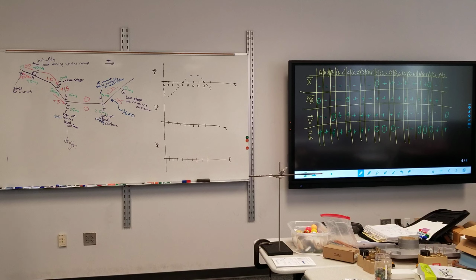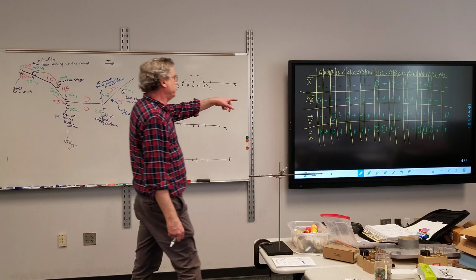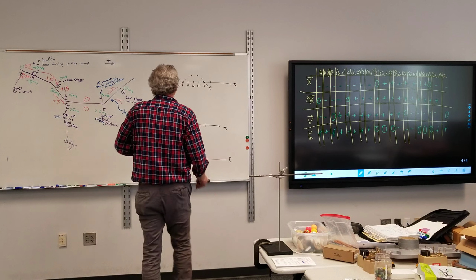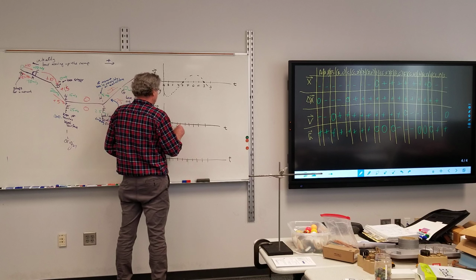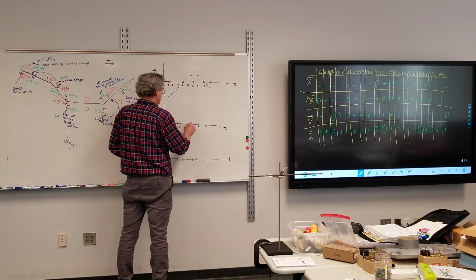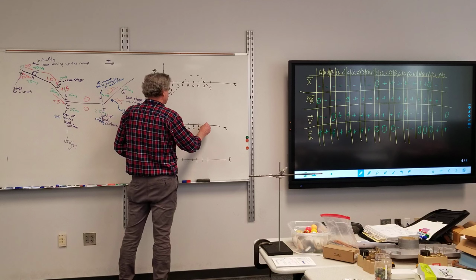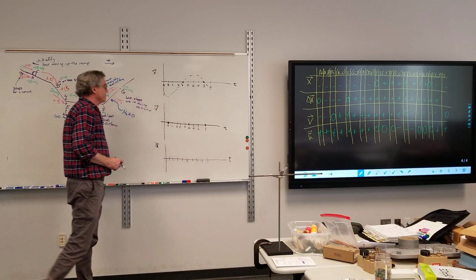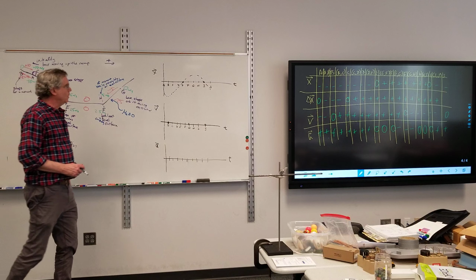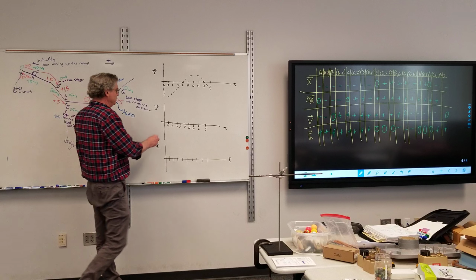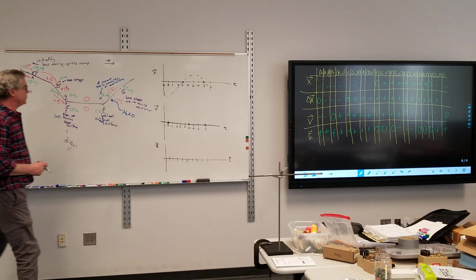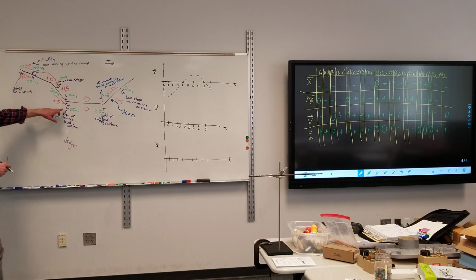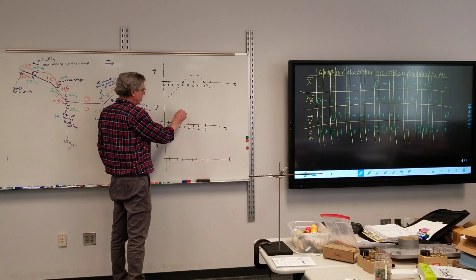Velocity. I know my velocity is zero at B, G, and J. So B, G, and J. It starts out with negative velocity. It reaches its fastest point at time E. So E would be a peak there.